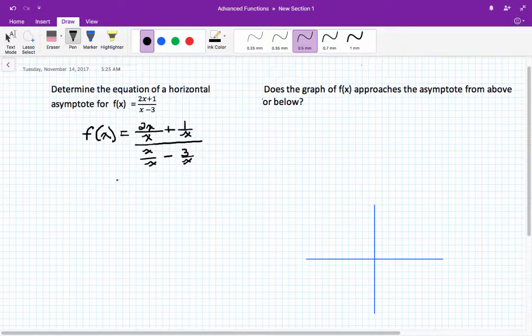Simplify in the next step. 2x divided by x is 2 plus 1 over x. And in the bottom, x divided by x is 1 minus 3 over x.